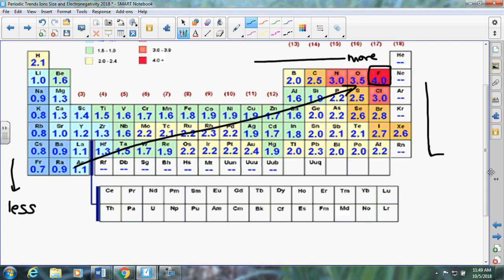So you need to make sense of that. You'll notice for the halogens, which is this column right here, 4.0, 3.0, 2.8, 2.7, 2.2, decreasing. And that is because this atom, astatine, does not want to gain the electron as much as the fluorine.